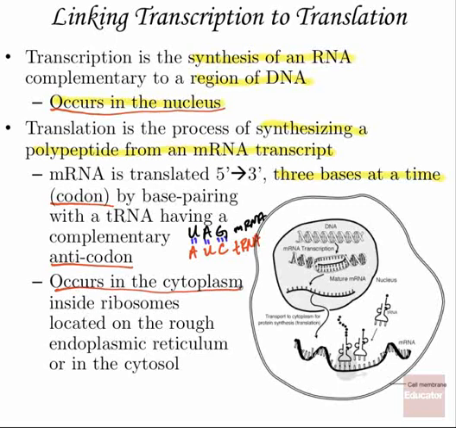All right. And so if we look at this depiction down here, we can see that here is our nucleus. We have transcription occurring in the nucleus, so DNA being made into RNA. In this case, we're looking at mRNA. That mRNA can leave the nucleus into the cytoplasm, at which point right here, this is our ribosome. Okay, and it's going in this direction.